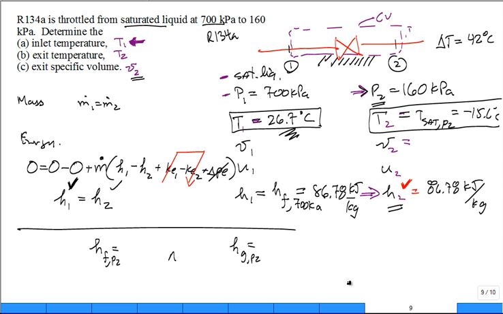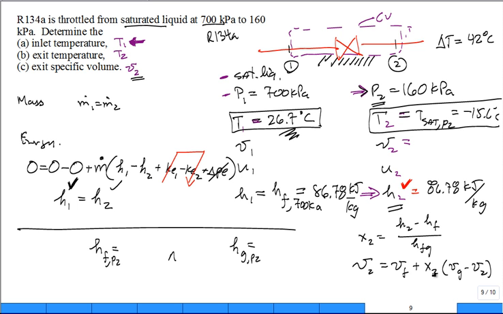Now the last one, what was the specific volume v2? I first get the quality at state 2 by x2 = (h2 minus h_f) divided by h_fg. Now I've got the quality at state 2. Then v2 is v_f plus that same quality times (v_g minus v_f).